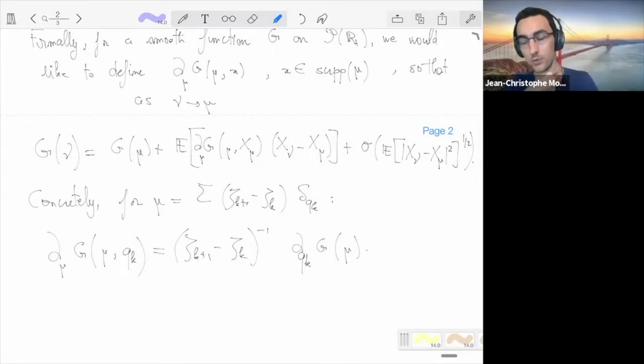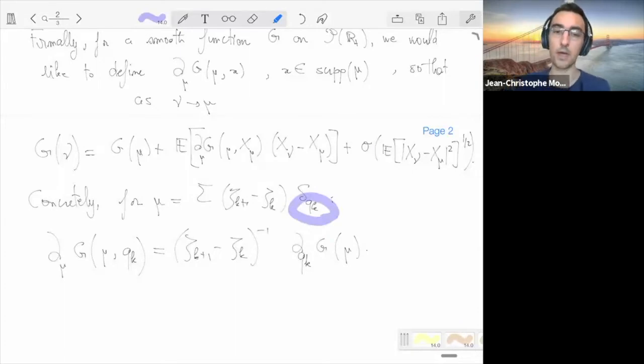And perhaps the one thing to remember is that you can always think that all the measures we talk about are sums of Diracs. And I want to recall what happens when we move the positions of the Diracs. And if you think of the function as a function of all of these parameters, the positions of the Diracs, then the derivative should be a gradient with many, many coordinates.